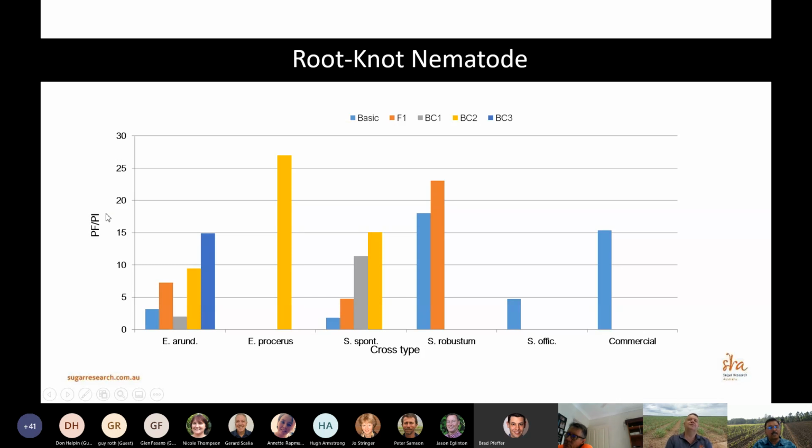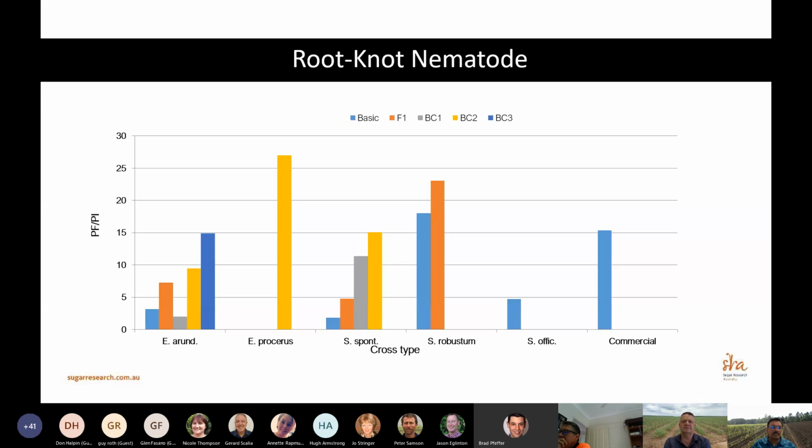PI is the initial nematode population used for inoculation in the glasshouse trial, and PF is the final population after harvesting. So if the value is high, it is more susceptible. If it is low, it is resistant.